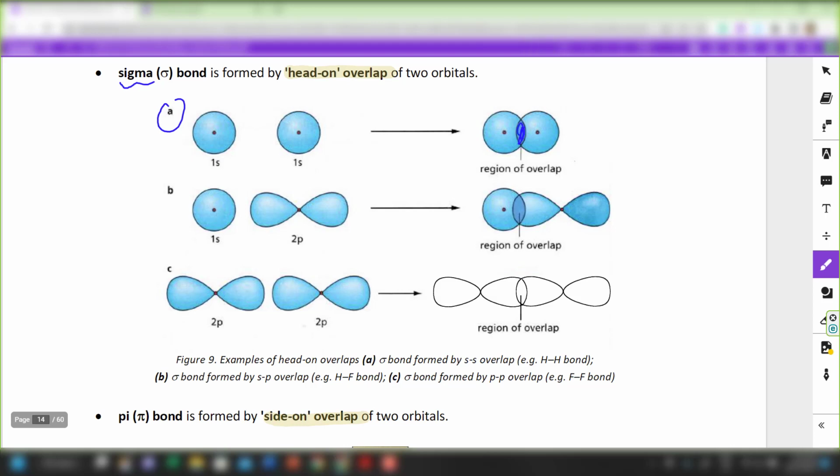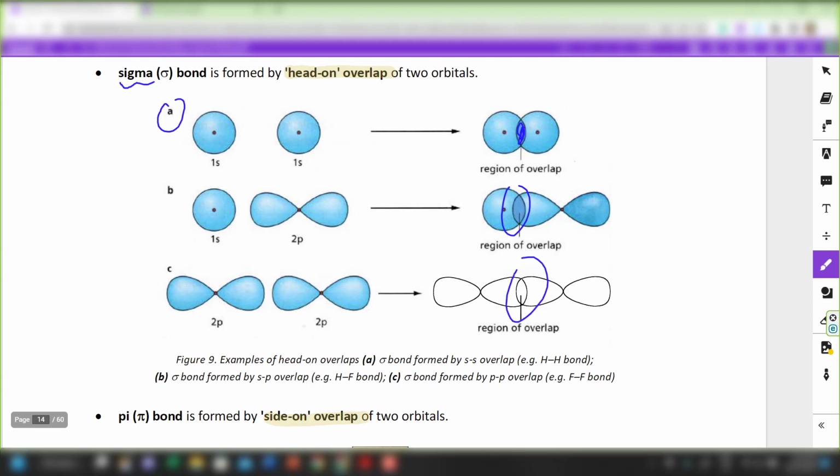This is the region where the two orbitals overlap, and upon overlap it gives rise to a sigma bond. For 1s and 2p, a sigma bond can be formed as well, so there's also a region of overlap over here. And then of course 2p orbitals can overlap to give you a region of overlap as shown by the drawing over here.